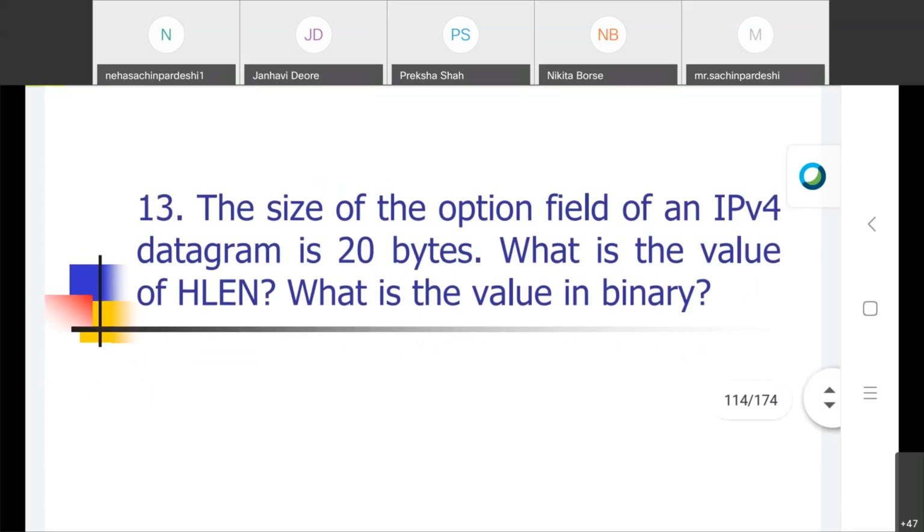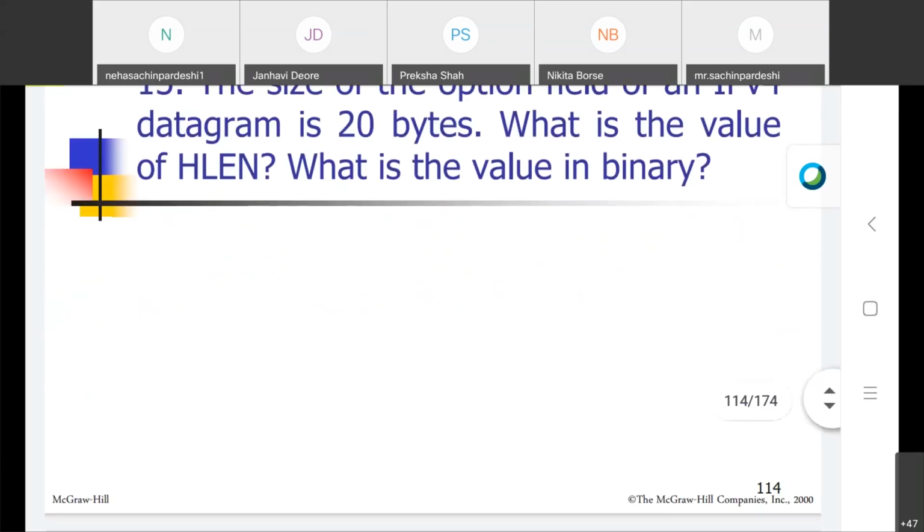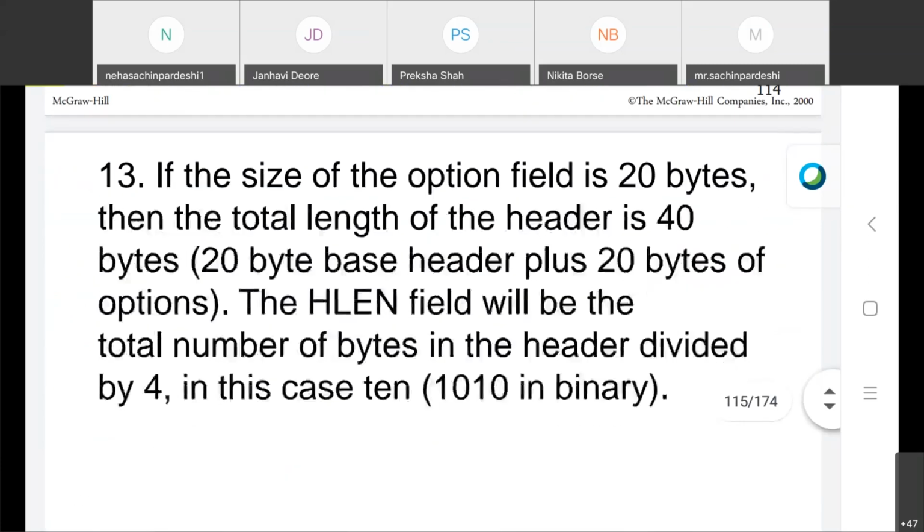You get that the header size is 40. To get the actual header length we multiply by 4, so to calculate the header length field value we have to divide by 4. So 40 divided by 4 is 10. Writing 10 in binary, we get 1010. This is the value of the header length field.